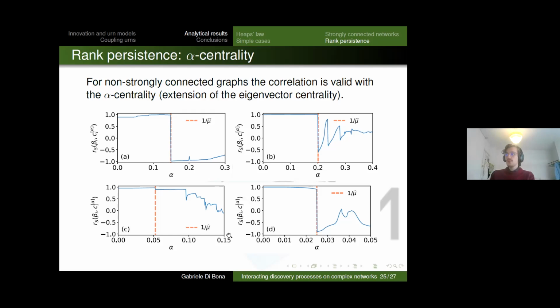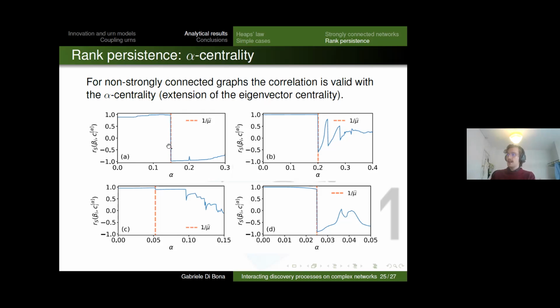So you do this algorithm, and then what you find analytically is that the correlation is now not with eigenvector centrality, but with the alpha centrality, which in the literature is just an extension of the eigenvector centrality to directed networks.